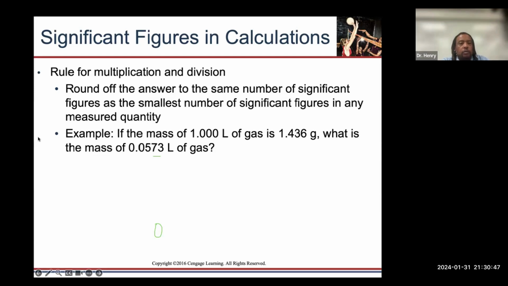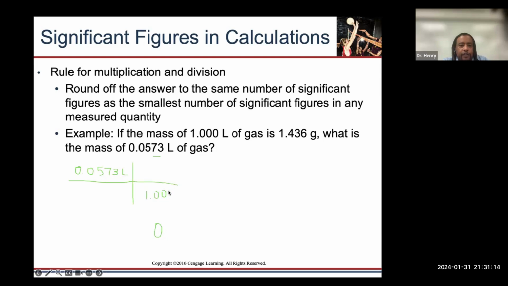Okay, so we're going to set it up. We know that this is our conversions. So then we have, starting with 0.0573 liters, using this conversion up here, or using these values up here.